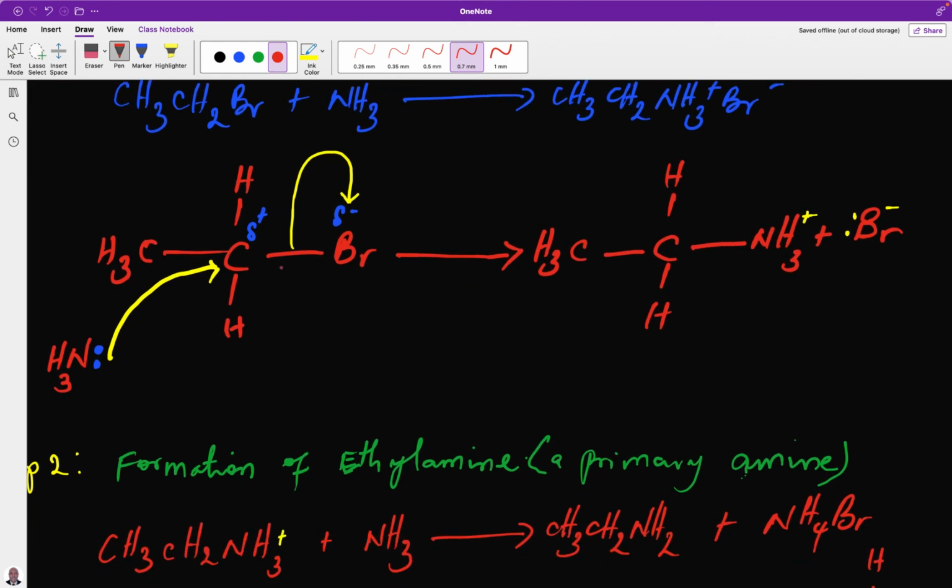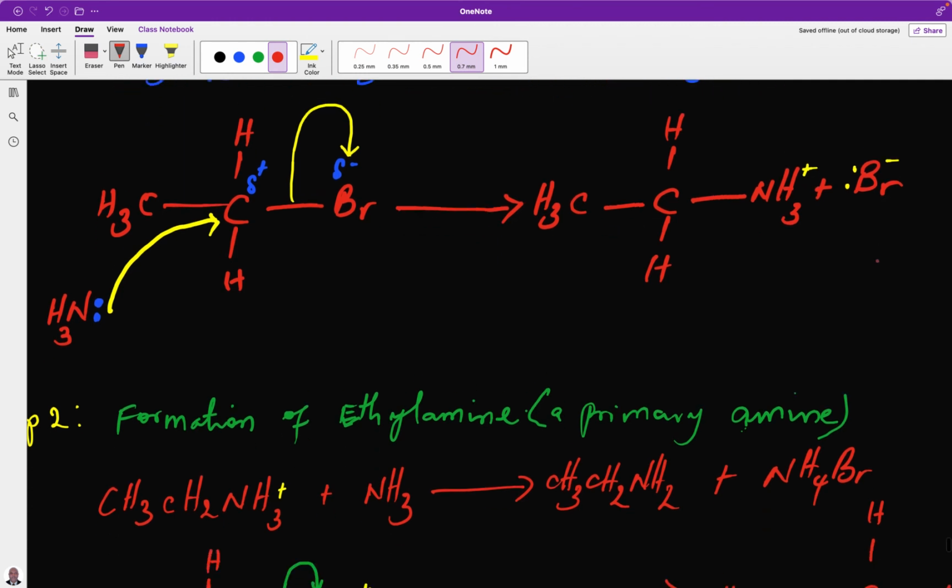As we said, the polarity of the carbon-bromine bond makes this a primary halogenoalkane. Attack is from behind. When the nucleophile attacks from behind, electrons in the nucleophile repel the bonding electrons towards bromine. Heterolytic fission again: the bromine goes out as a bromide ion with a lone pair of electrons. The ammonia attaches itself here, now with a positive charge. The bromide ion is still there.